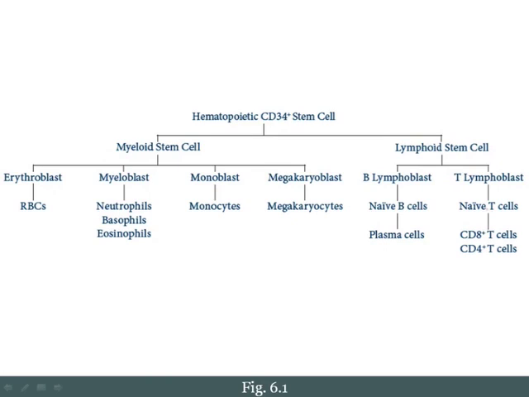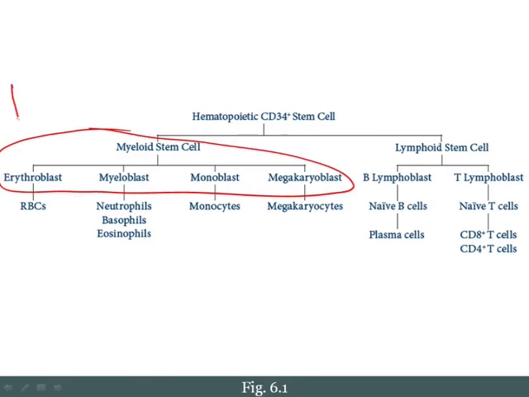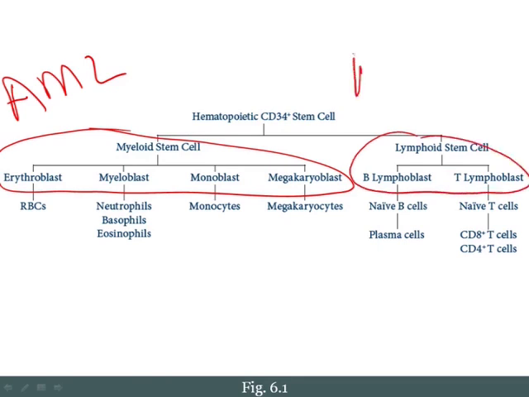If there is an accumulation of precursors of the myeloid lineage, then we call that acute myelogenous leukemia. If there is an accumulation of cells of the immature lymphoid lineage, then we call that ALL.